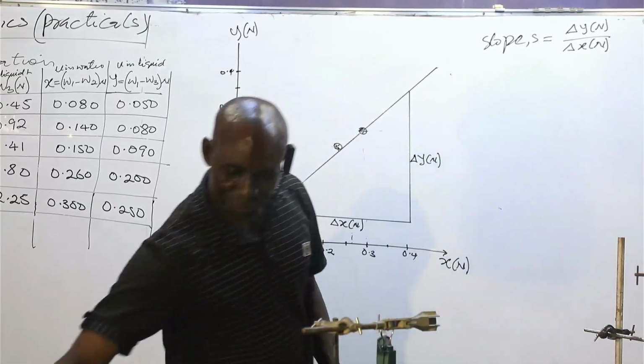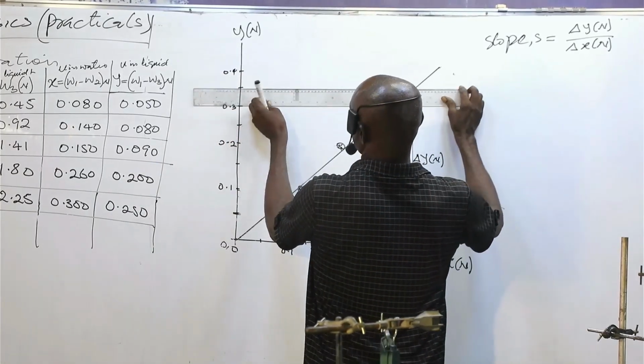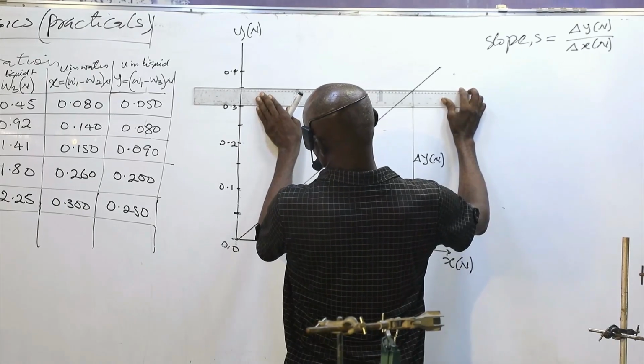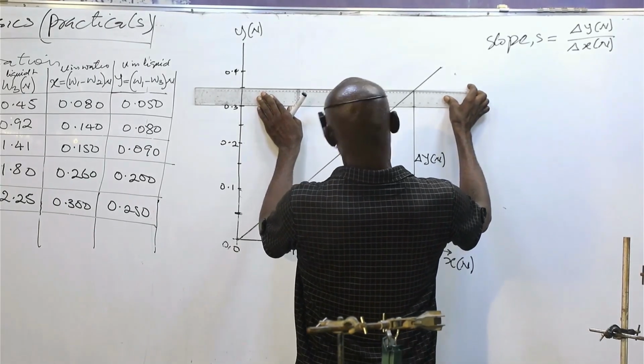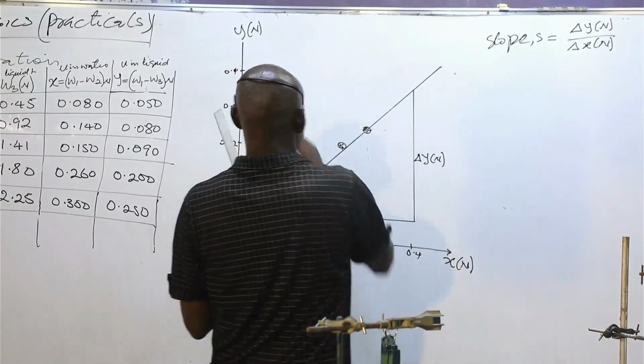Taking my reading directly from this point, the position here is 0.35. The reading of this is 0.35.